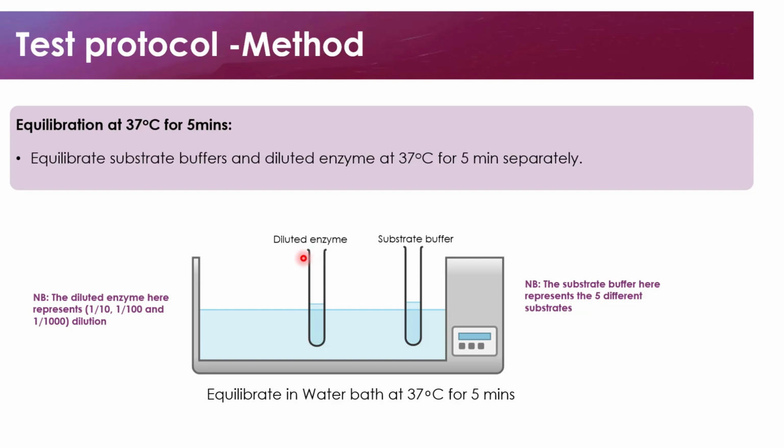And what we have to note is that the diluted enzyme here represents our 1 in 10, 1 in 100, and our 1 in 1000 dilution. And the substrate buffer here represents the 5 different substrate buffers that we prepared.